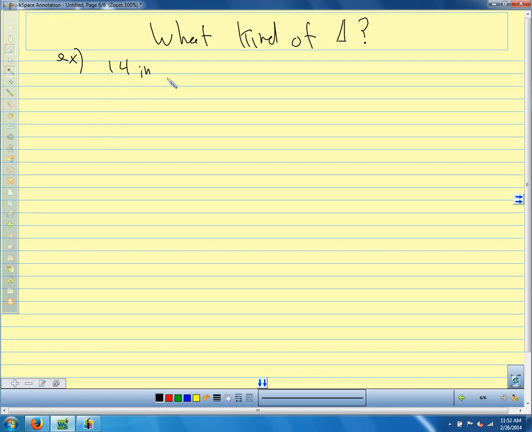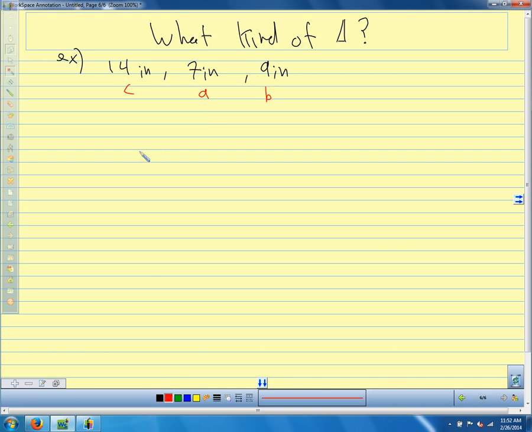So our sides are 14 inches, 7 inches, and 9 inches. For these sides, which side is going to be C? 14, always the longest side. C, and I'll call the others A and B. So we find C squared, and we compare it to A squared plus B squared.